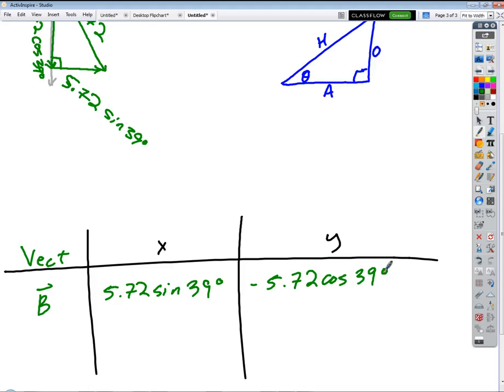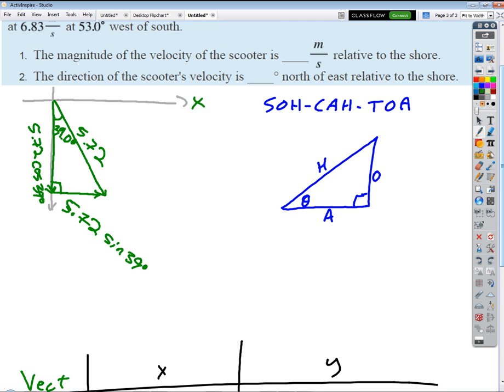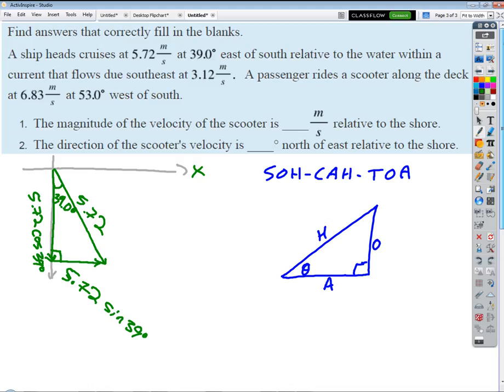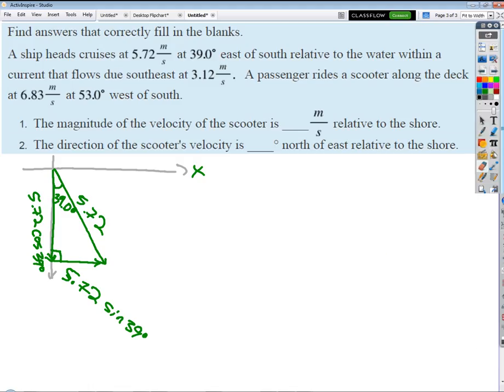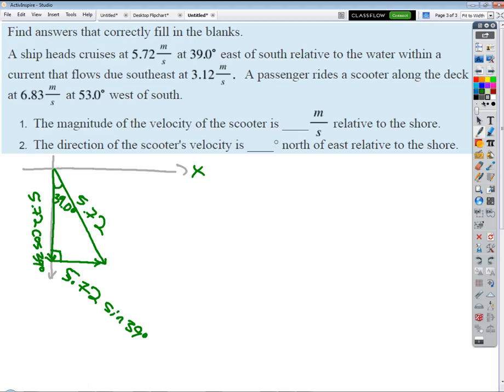We took the boat's vector and resolved it into its components. Now let's look at what we have next: the water. Make a little room here for the water. The water is flowing due southeast at 3.12 meters per second. Southeast is halfway between east and south, so a 45-degree angle, similar to this one.